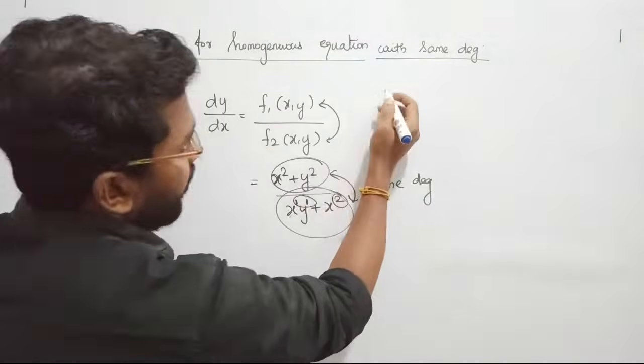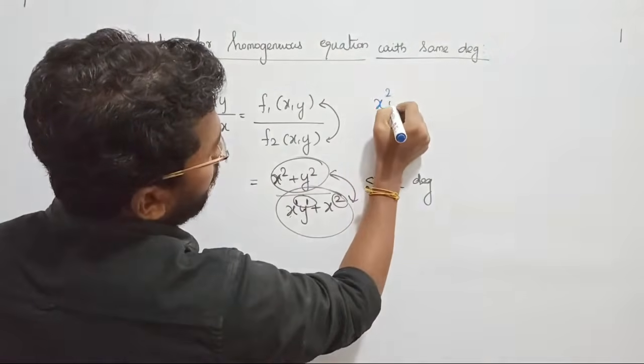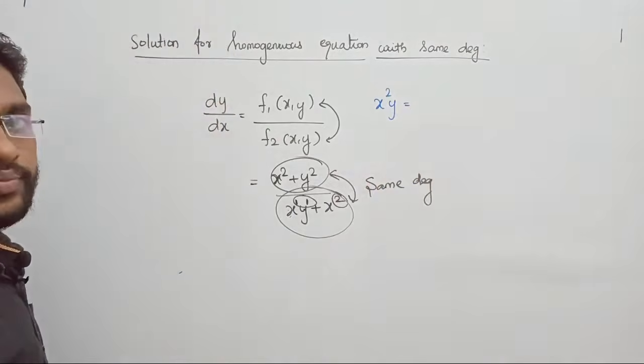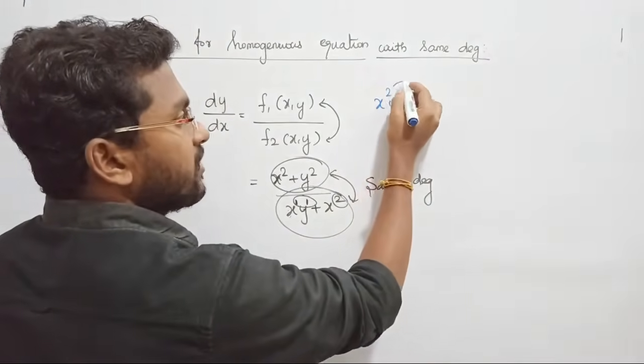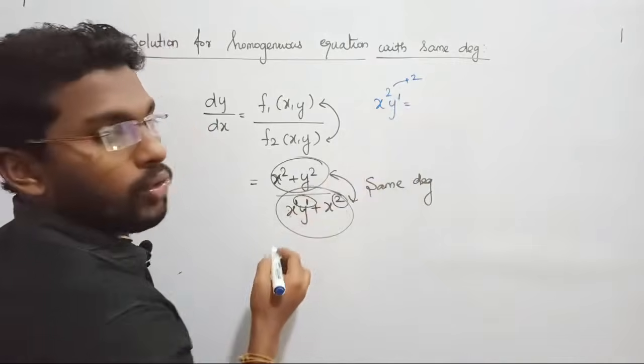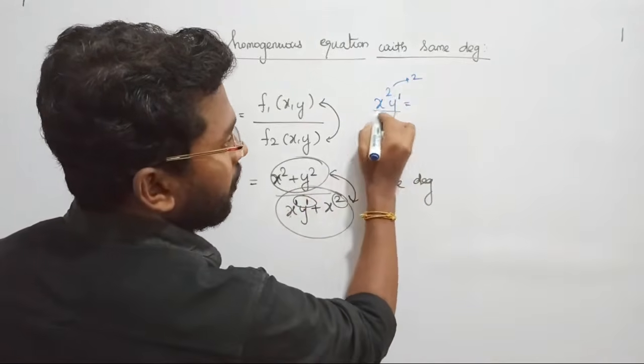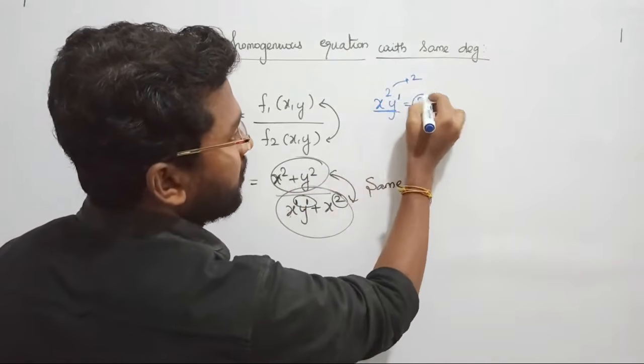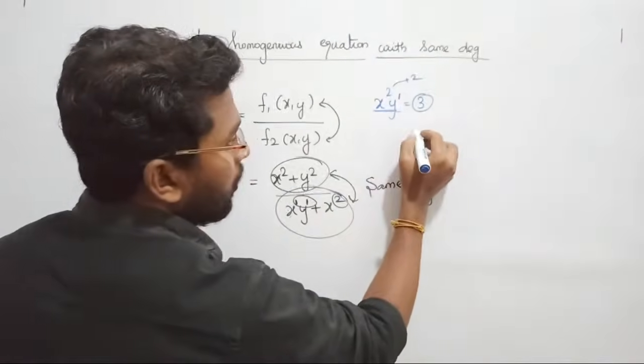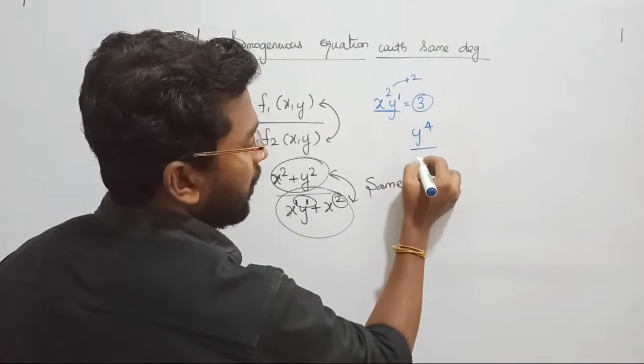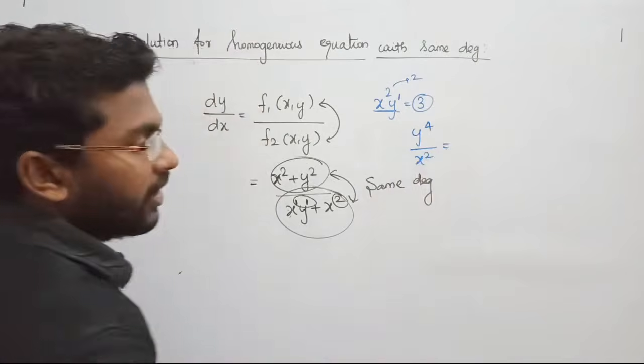Guys, listen. For example, if I have x square y, what is the degree of this function? x power 2 is degree 2, y power 1 gives one more degree, so together this term offers degree 3. For example, I have a term y power 4 divided by x power 2. What is the total degree?